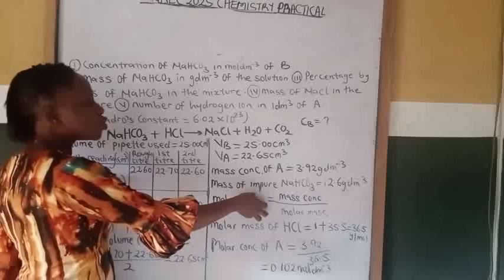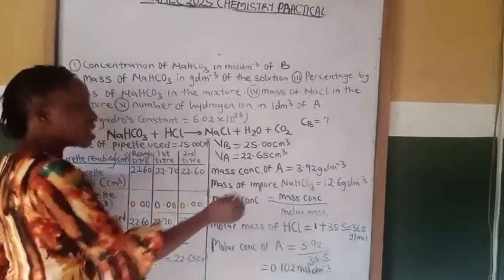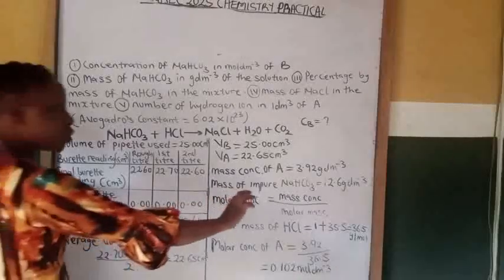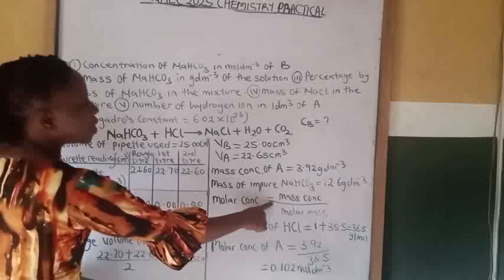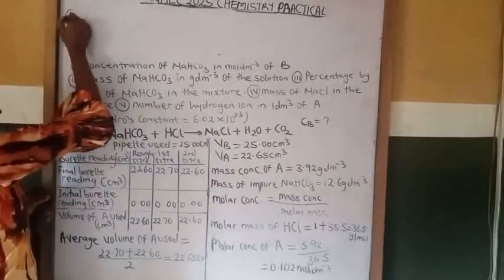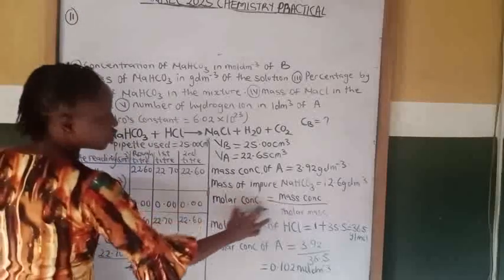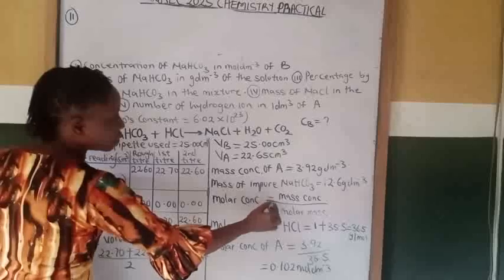So we can only use this formula to calculate the mass concentration in gram. I'm looking for the mass concentration now, Roman figure 2. From this formula, I will make mass concentration the subject of the formula.